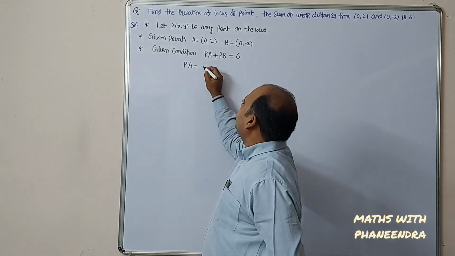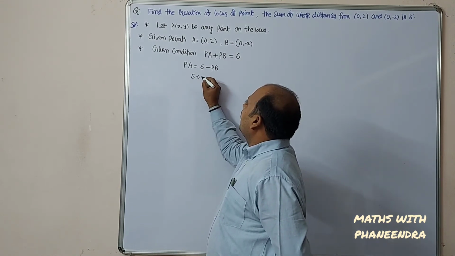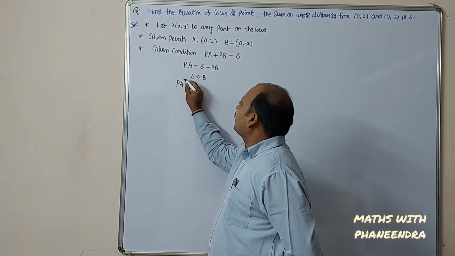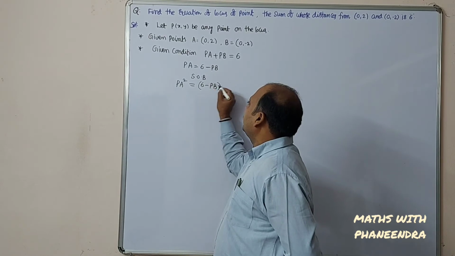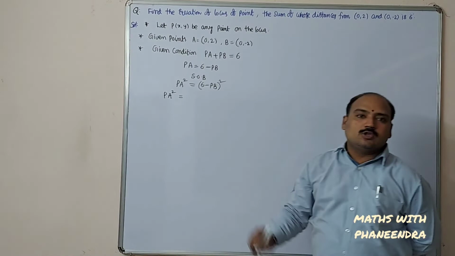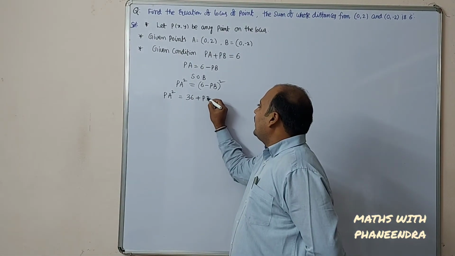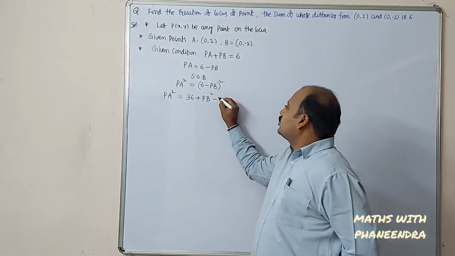Make any one of them the subject. PA equals 6 minus PB. Squaring on both sides, PA whole square is equal to 6 minus PB whole square. So PA square equals 36 plus PB square minus 2 into 6 into PB, so 12 PB.